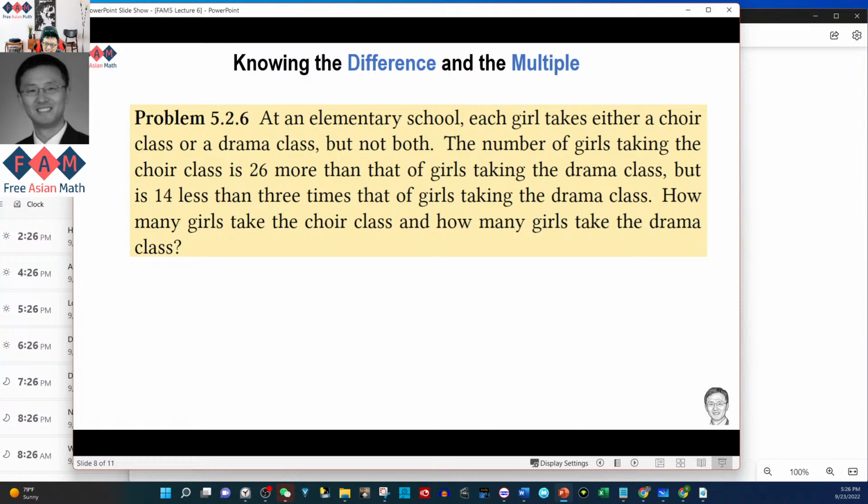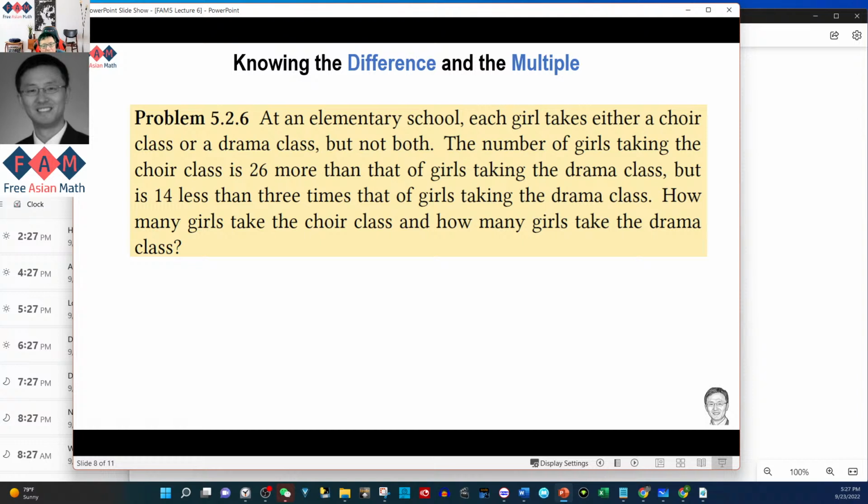Now we have to do something indirect. We will do a hypothesis. Because if we can figure out a hypothetical case, say the number of the girls taking the choir class is increased by 14.